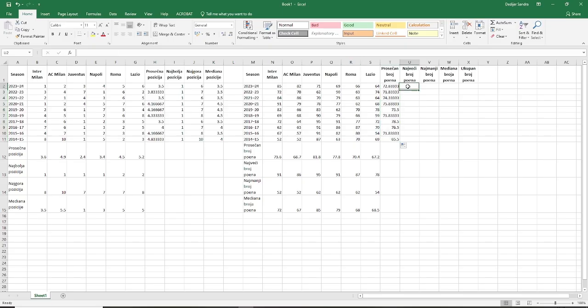The maximum number of points for these clubs in the 2023-24 season is calculated using the formula max from N2 to S2. So max.